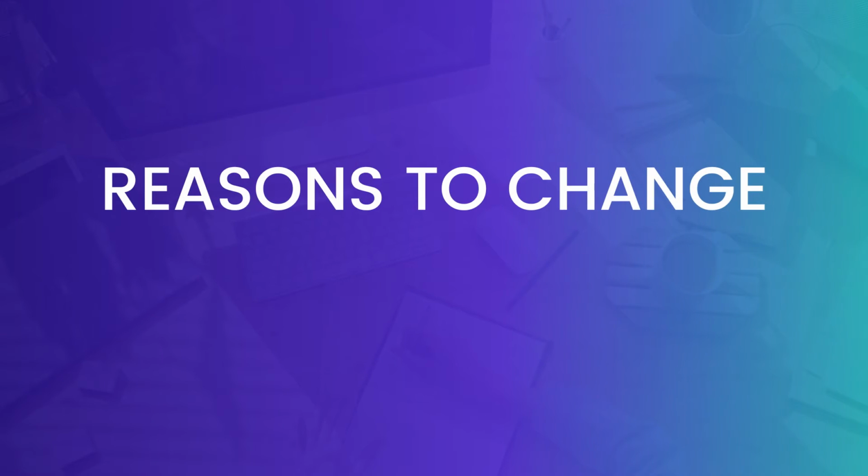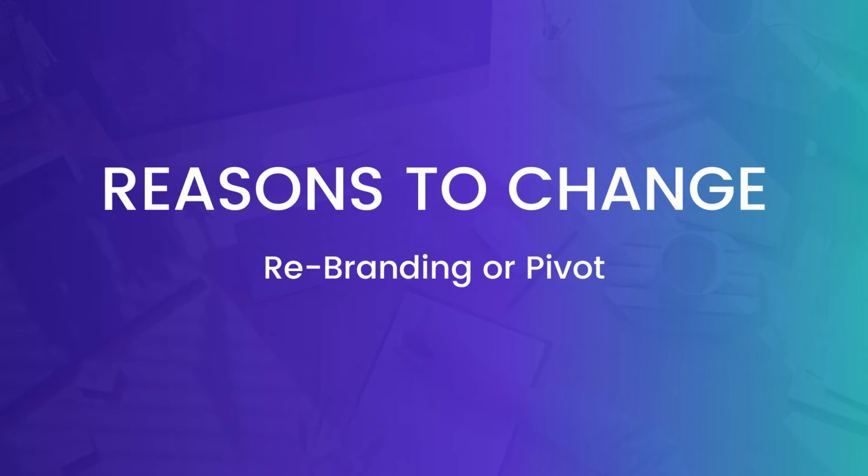Okay, so now before we get into the more technical stuff, let's talk about a few of the reasons why you might be wanting to change your Divi website's URL. Now, the first thing is that maybe you're pivoting or rebranding your website. Let's say, for example, you were running this awesome travel blog about your travels around the world, but you really found that your niche lied a little bit more towards the food experience that you had while you're traveling, and that your audiences were a lot more responsive to this.